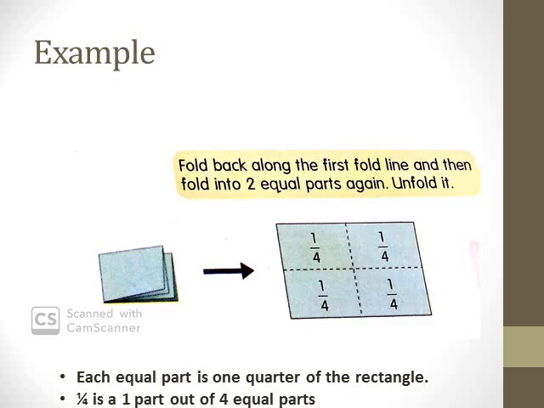Before that you just folded it one time and found 1 over 2, that each equal part was one half of the rectangle, and here each equal part is 1/4 of the rectangle, and every 1/4 is one part out of four equal parts, right? So now you have divided this rectangle into four equal parts.